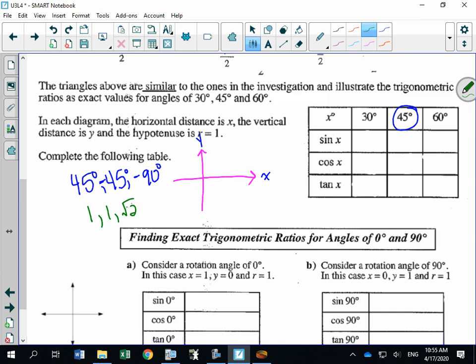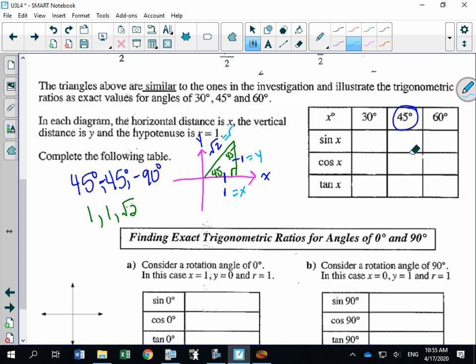That's it. So draw yourself a 45-degree isosceles triangle and label it. If it's isosceles, this side gets a 1, this side gets a 1, and my longest side is root 2. Now, let's label our y, x, and our r. So that's x, that is y, and this is r.